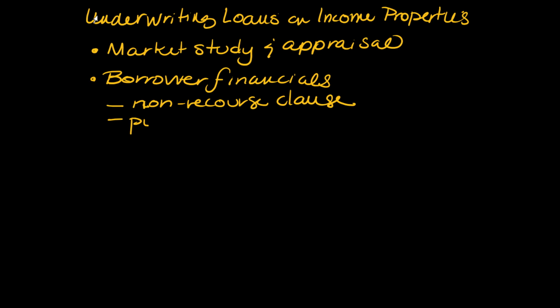So from the borrower's standpoint, this means that if you do have that non-recourse clause or provision in the note, then the borrower can really look at that as a put option. So you think about puts in terms of derivatives, and a put means that I have the right but not the obligation to put that asset on someone else.